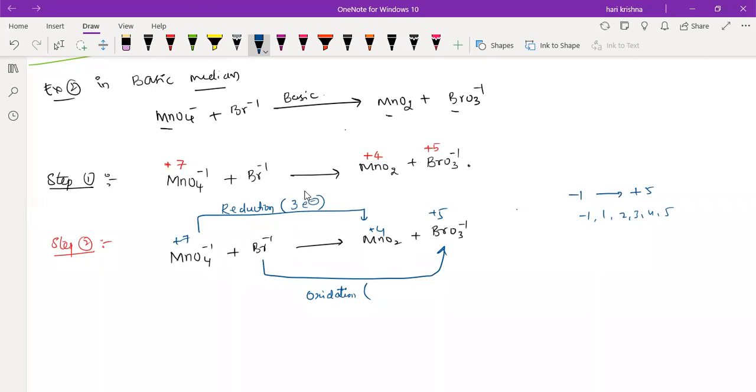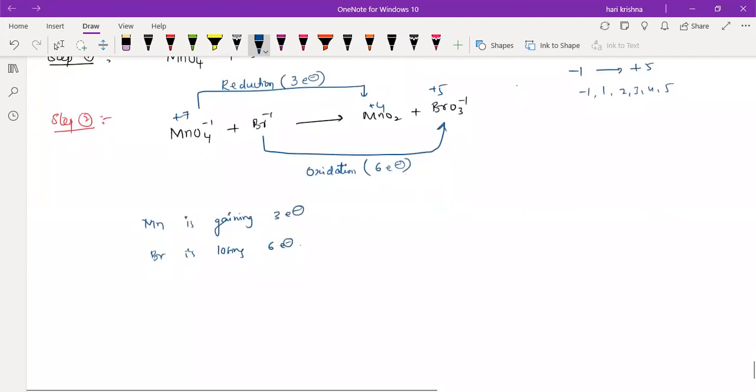Yes, sir. So it is losing 6 electrons. So now we can write it here: Mn is gaining 3 electrons and the bromine is losing 6 electrons.